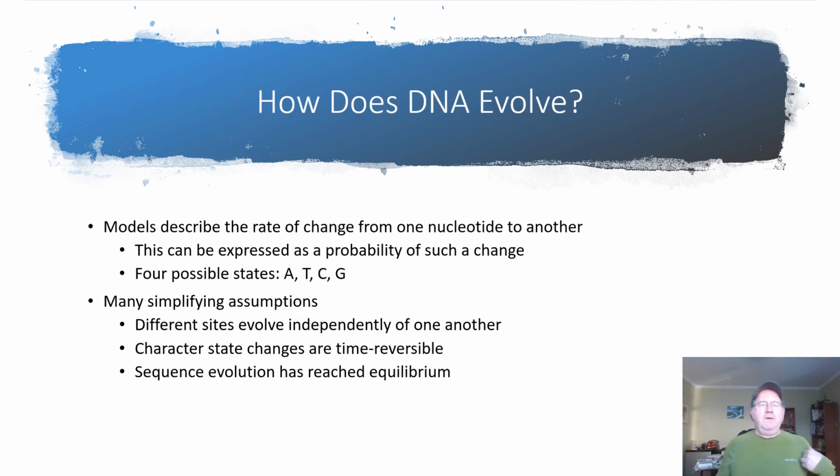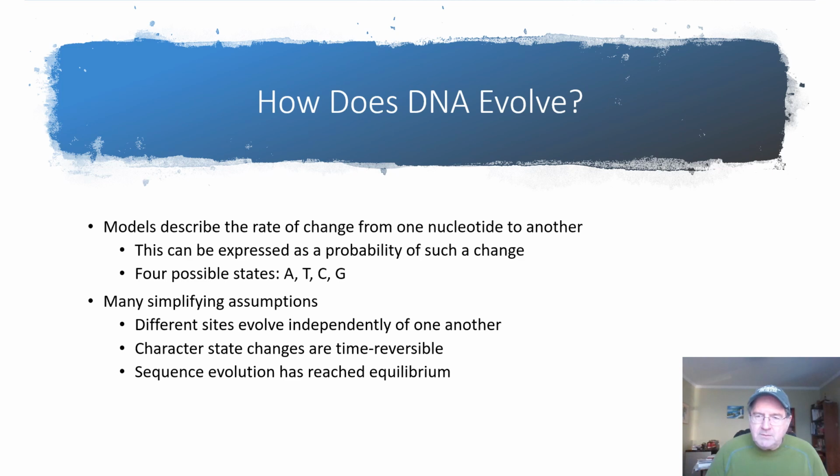So we need models that are going to describe the ways in which, if we're talking about one position in a sequence, that nucleotide changes over time from its plesiomorphic state to a new state. So we can express that as the probability of that change. There's only 4 possible states to look at.